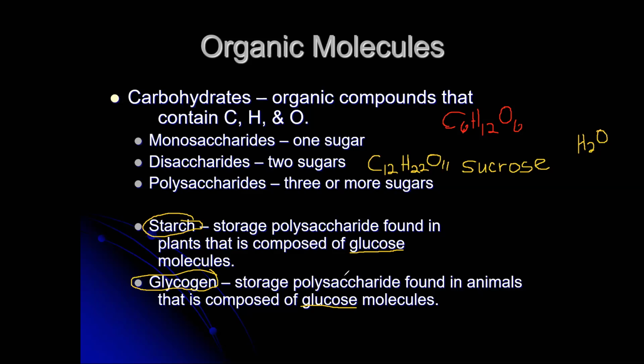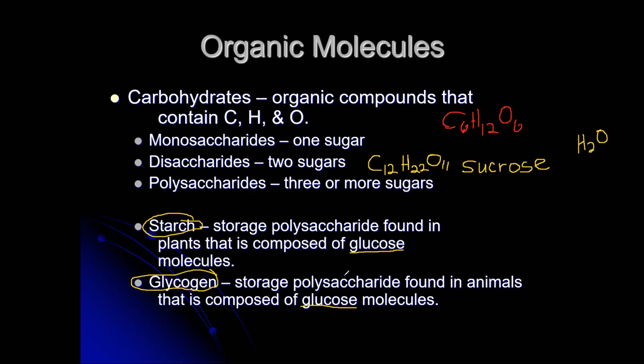We need a little extra access to some glucose because we either didn't eat enough or we're not to the next meal yet, or we've worked hard and exercised and burned off stuff faster than we would have normally. So these are the two storage molecules for plants and animals.